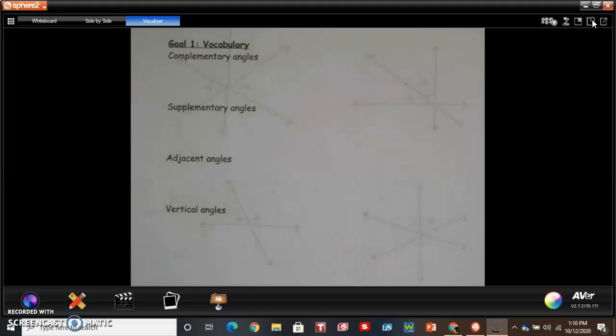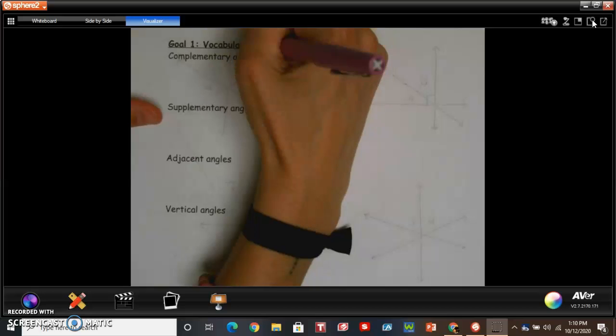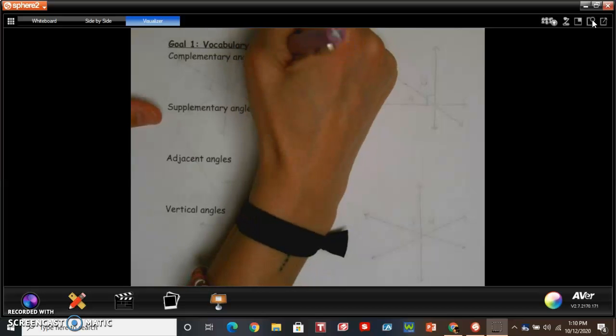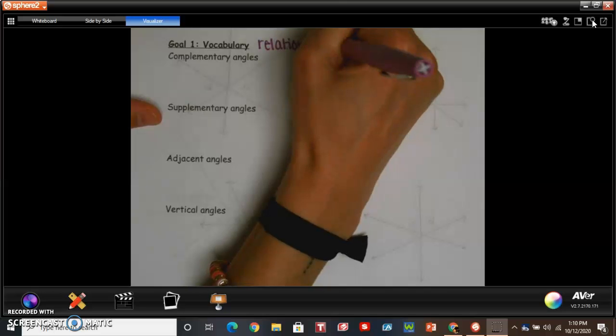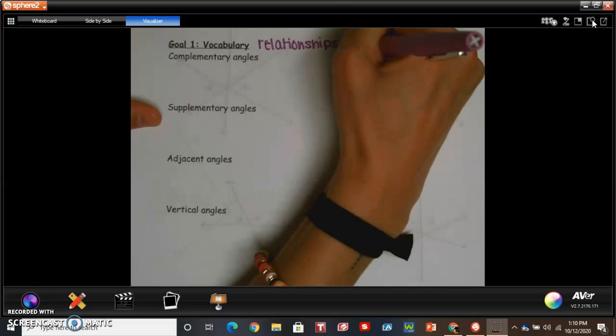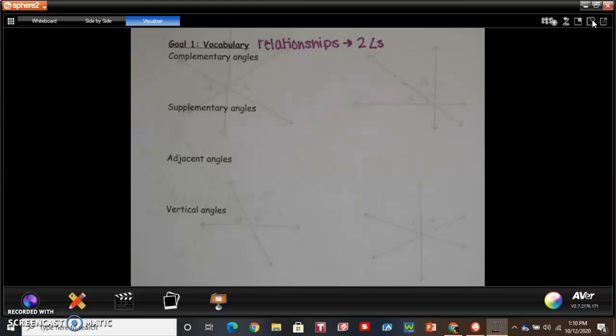Our angle relationships are talking about whenever you have 2 angles. All of these relationships are dealing with 2 angles, and how they relate to each other. Our first relationship is complementary angles.